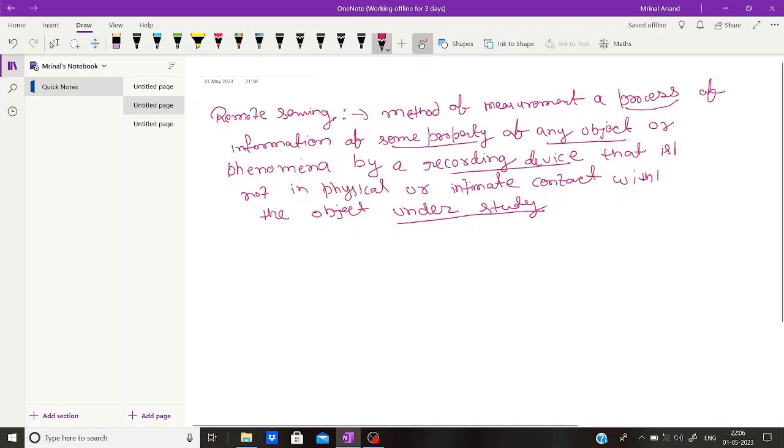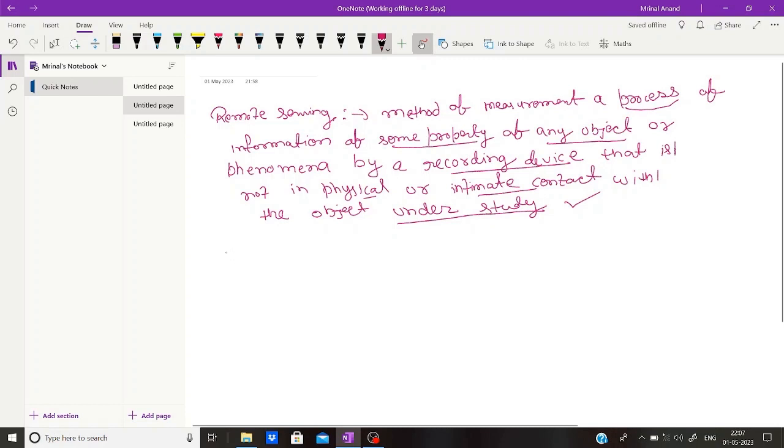In this process, the property of any object is recorded by an instrument, and that instrument must not be in physical or intimate contact with the object under study. So this is the official definition of remote sensing, and in this definition there is no mention of the satellite.